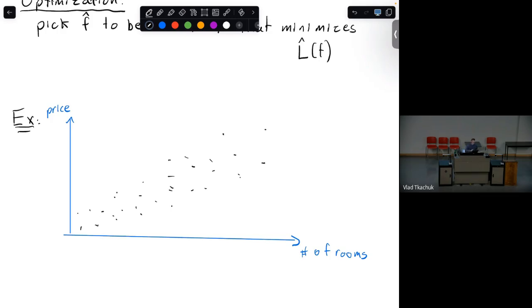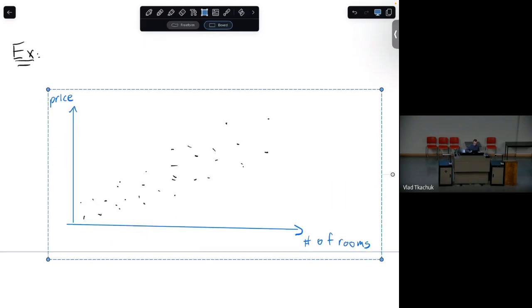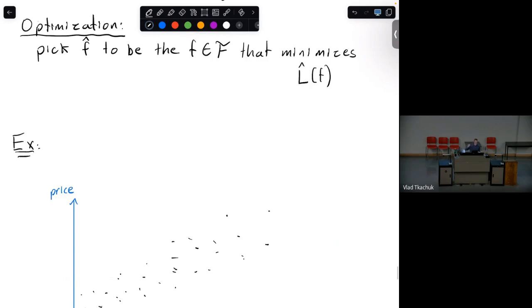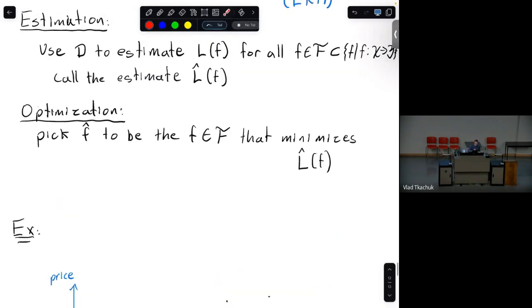Then what we would do, and let me maybe write this in words, is the first thing we would do is we have to pick what functions we are going to consider. What is this set of functions we're going to search over, from which our predictor is going to come? This thing is also going to be called the function class.